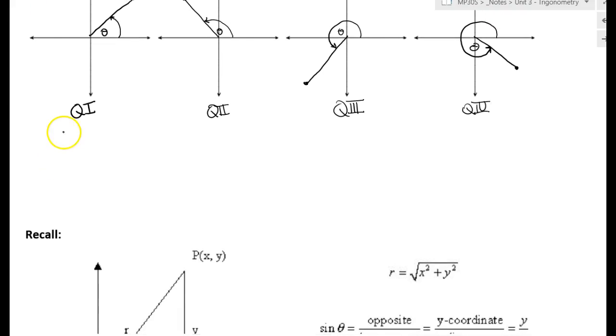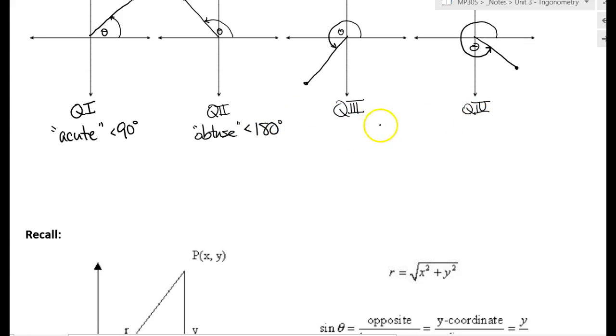We can call the angles in quadrant 1 acute, because they are less than 90 degrees. Quadrant 2, we call them obtuse, because they are less than 180.